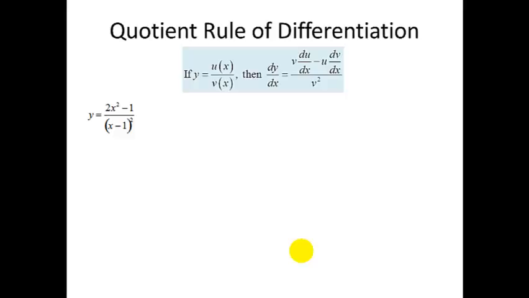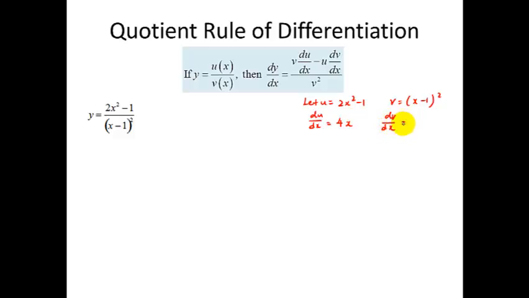Here is one other example. Let's try this. Again, differentiate with respect to x. So u will be the numerator, v will be the denominator. For du/dx, differentiating 2x squared minus 1 with respect to x, I get 4x.